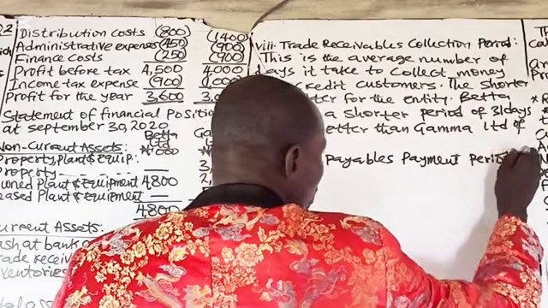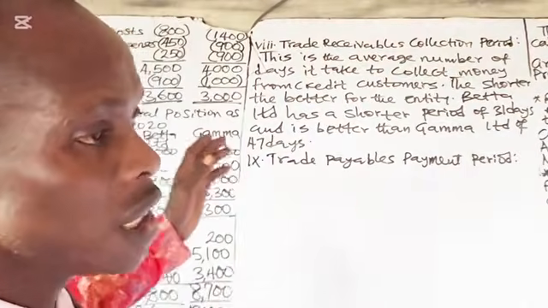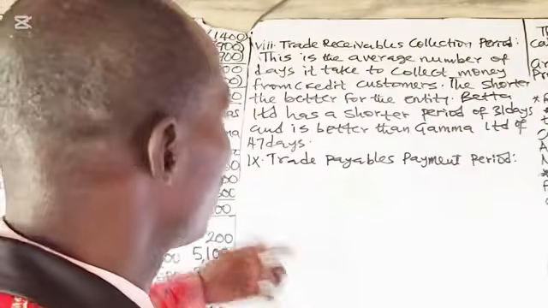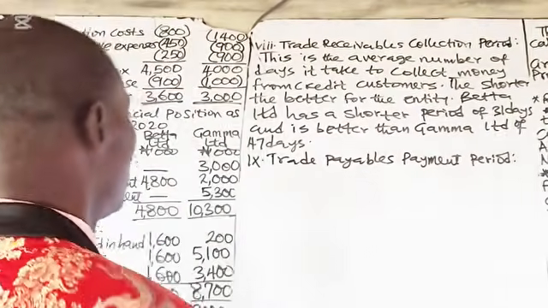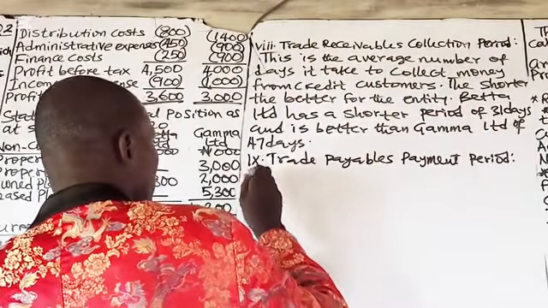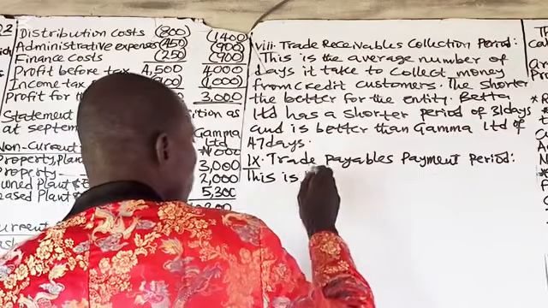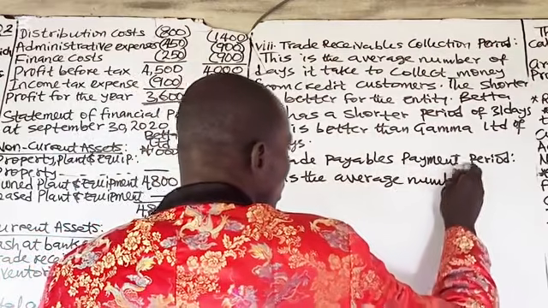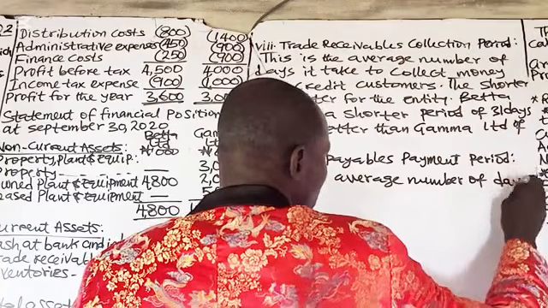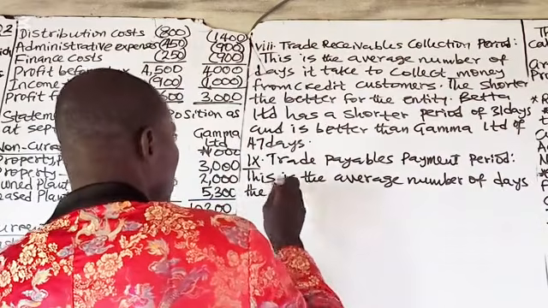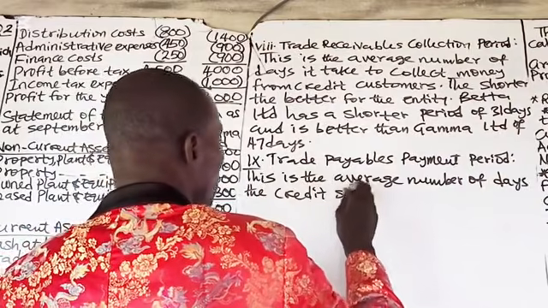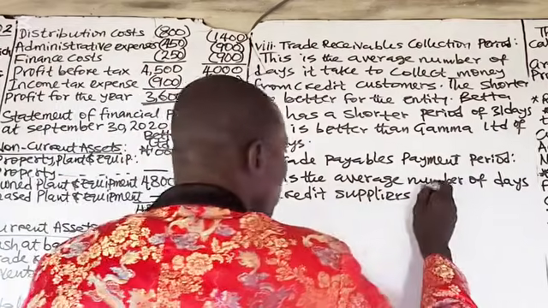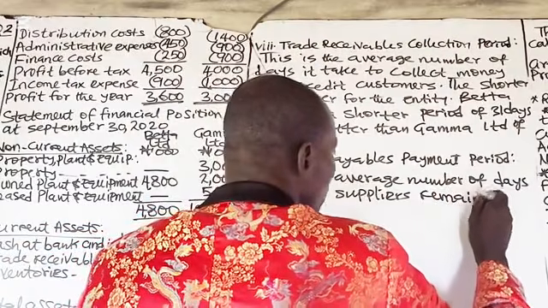Payable payment period shows the average number of days the credit suppliers remain unsettled. So how long does it take you to settle your credit suppliers? This is the average number of days the credit suppliers remain unsettled.